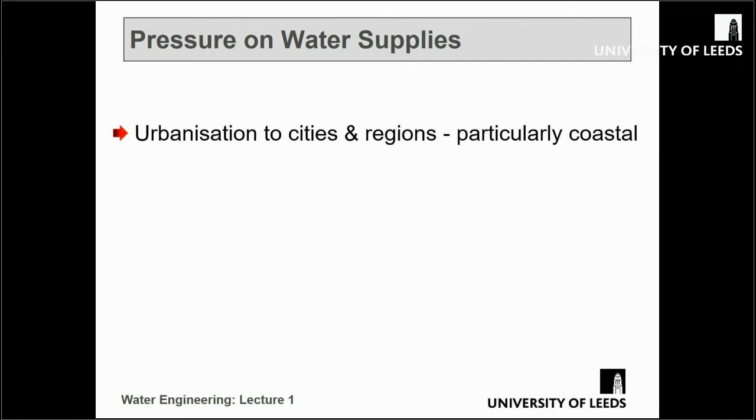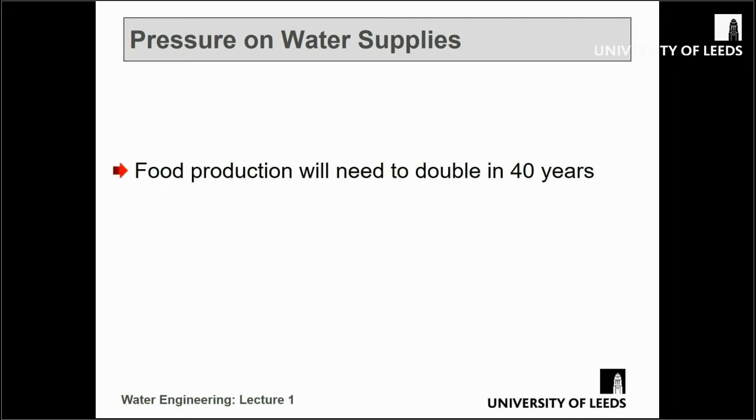Taking the dirty water away is very problematic. If these urban regions are on the coast, we've got sea level rise and climate change, so maybe bigger, shorter storms. You've got problems to deal with, and again, civil engineers, we're dealing with these problems.